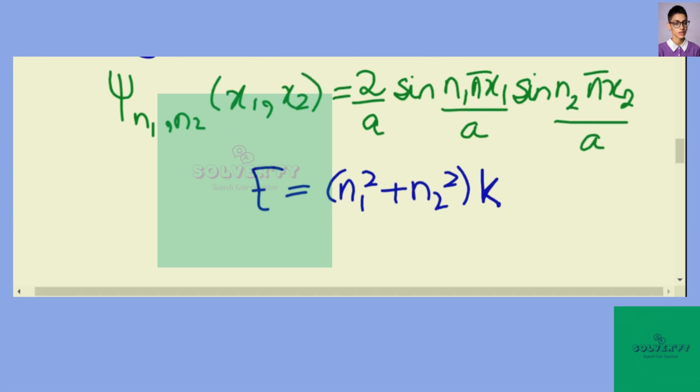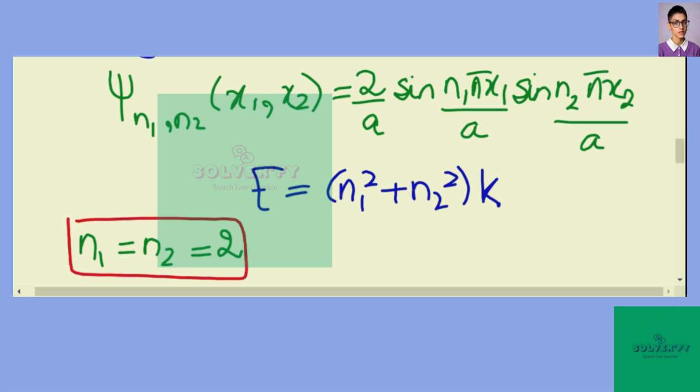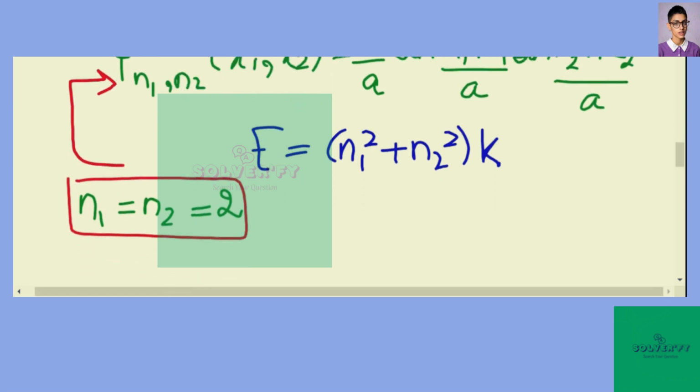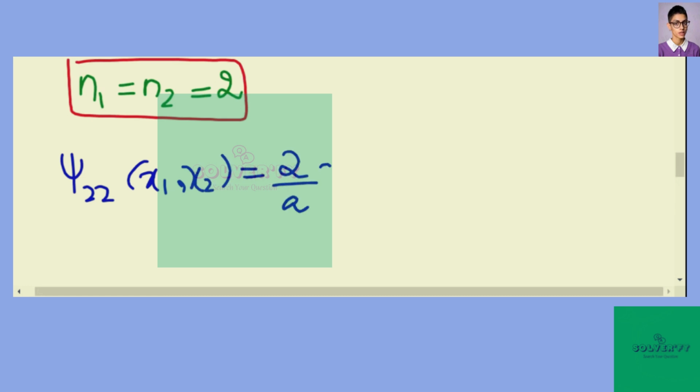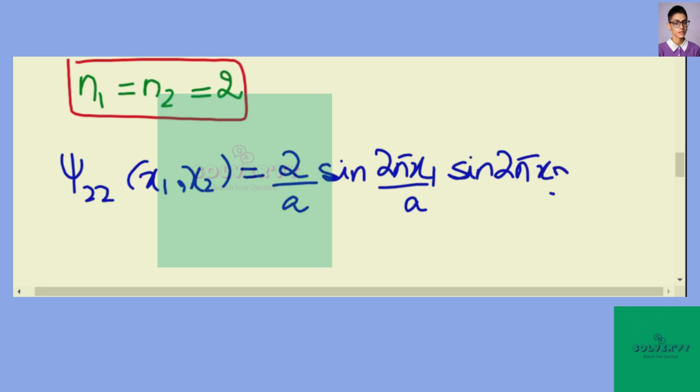The second excited state would be n1 equals n2 equals 2. We plug these values in, so that we have the wave function ψ 2 2 of x1 x2 equal to 2 divided by a, sine 2 pi x1 divided by a times sine 2 pi x2 divided by a.